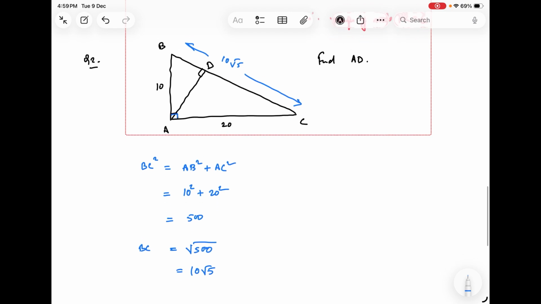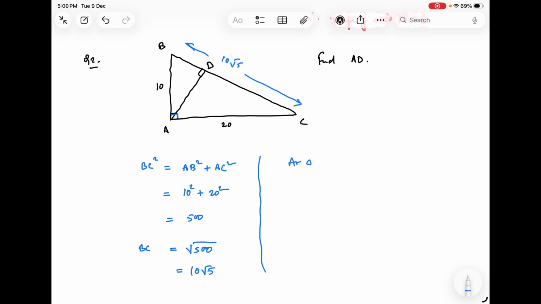Now, dear students, you can just pause here, solve it yourself, and then proceed. Then you can see my video for solutions. Now I observe that if I need to find the area of triangle ABC, I can do it in two ways. One is I can write half into AB into AC, or I can write the area of the triangle as half into BC into AD, if I take BC as the base.